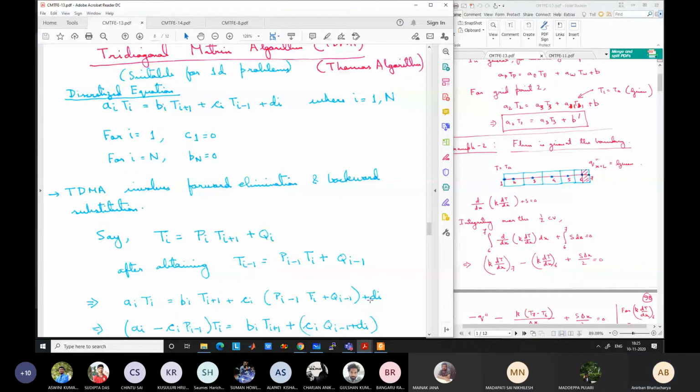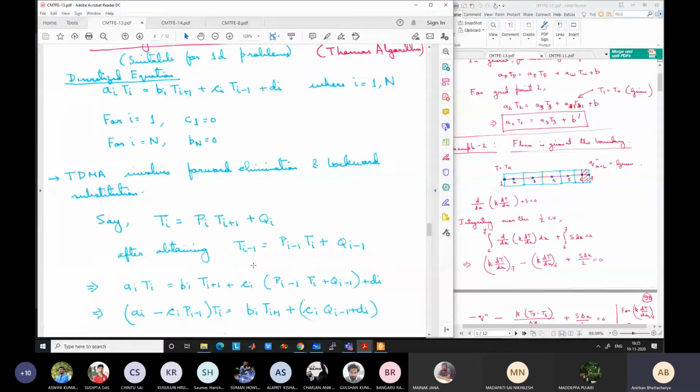If you consider the general equation that we have derived for this discretized form, I will replace the i-1 term here by this known equation. We will repeat this so that the understanding is clear, but let me first go through these steps.